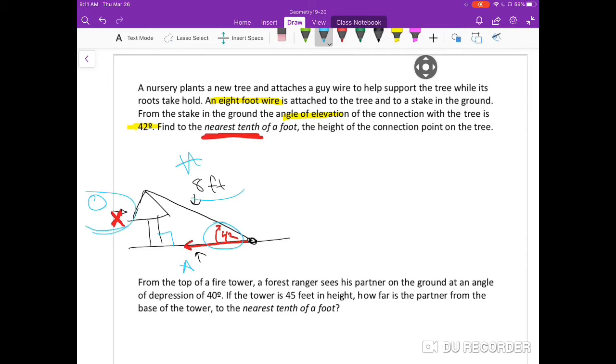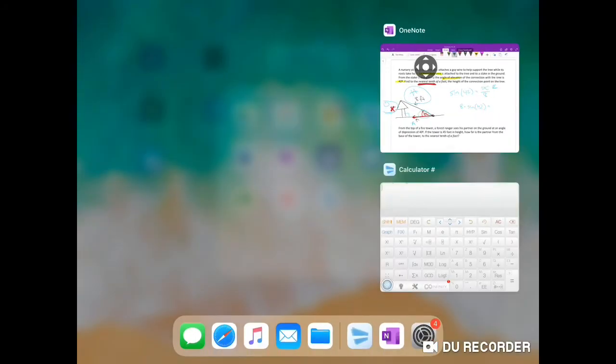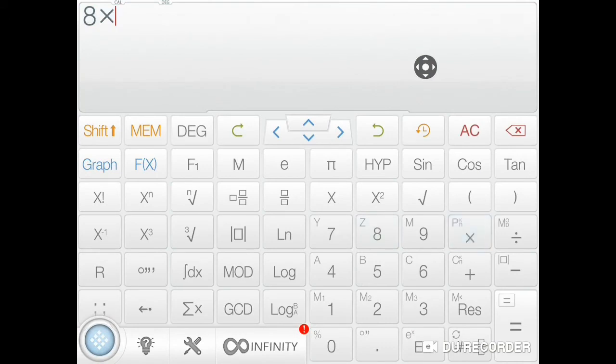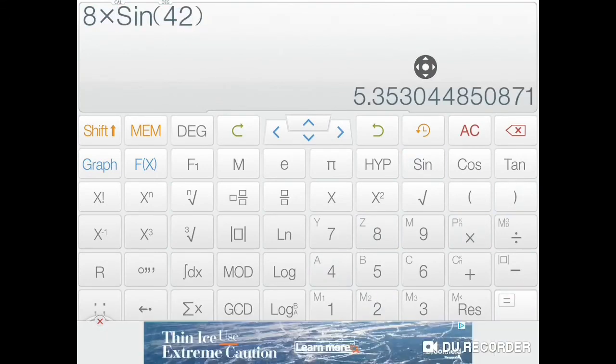So O and H: sine of 42 equals x over 8. Where's the variable? The variable's on top, so we multiply 8 times sine 42. I'm going to go to my calculator: 8 times sine 42 is 5.35.